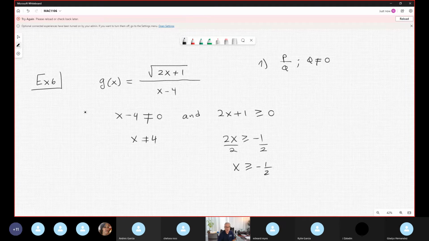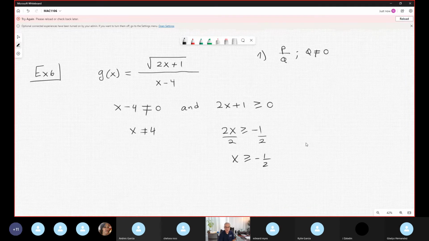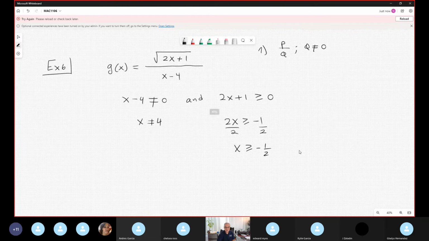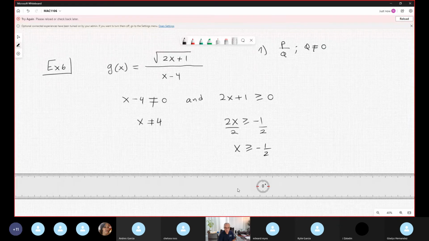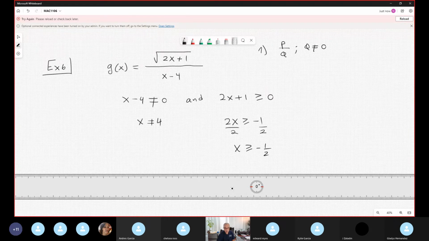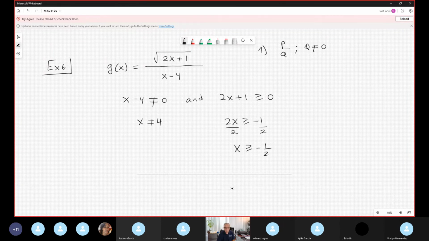Ready. Now we connect this and this. Let me try. This line represents all real numbers, with positive infinity, negative infinity, and 0 in the middle. 4 is here: 1, 2, 3, 4. And at 4, we have a hole, yes or no?